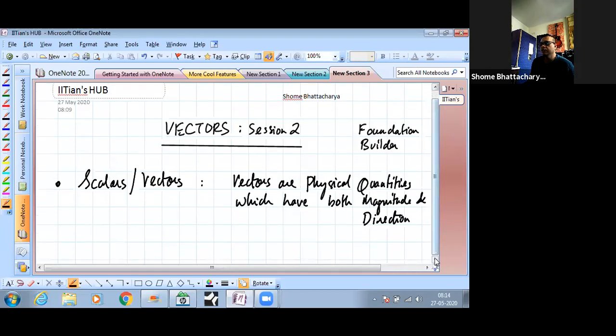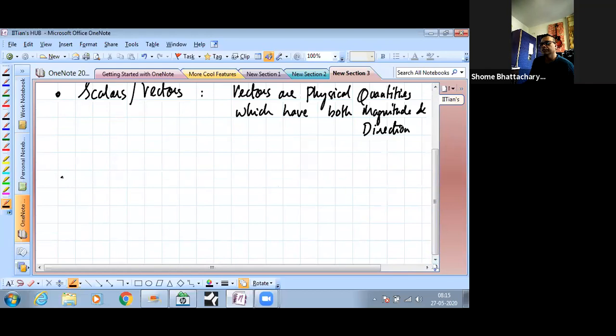Then we had understood the next thing about notation. So we had seen that any symbol with an arrow on top of it is read as the vector quantity A, or whatever symbol, if it has an arrow on top of it, it is read as a vector.